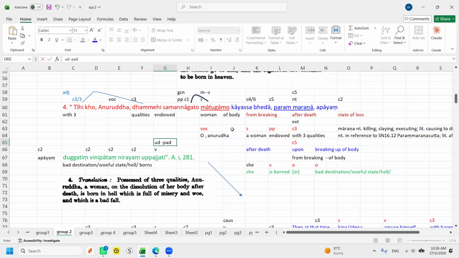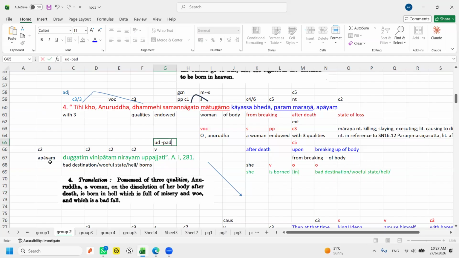In this case, if the subject is a woman, we say she is born. Present tense, is born.